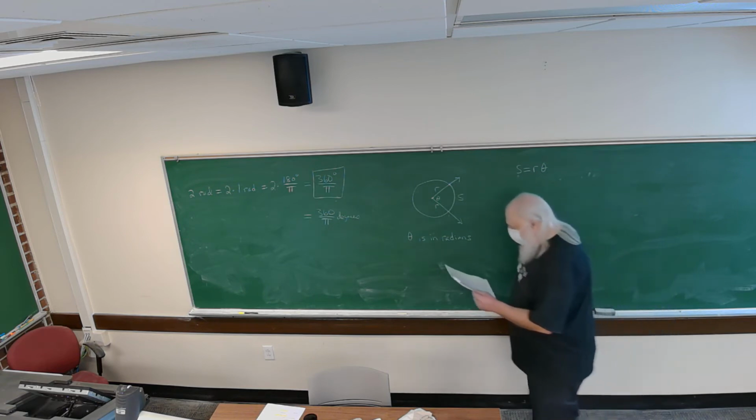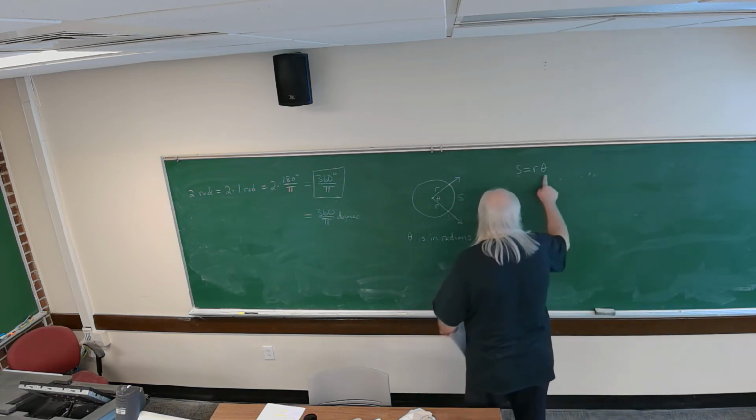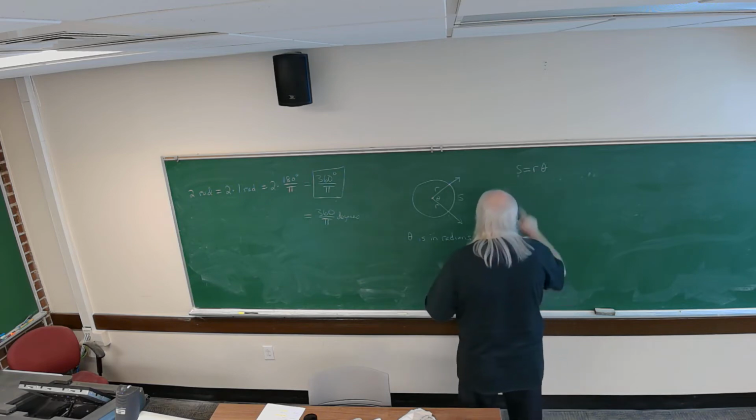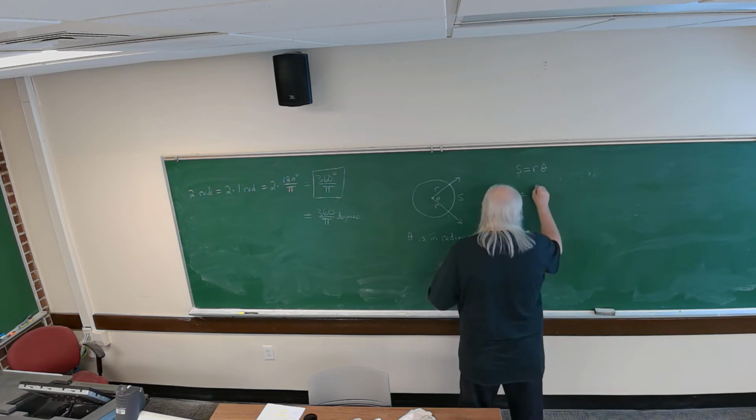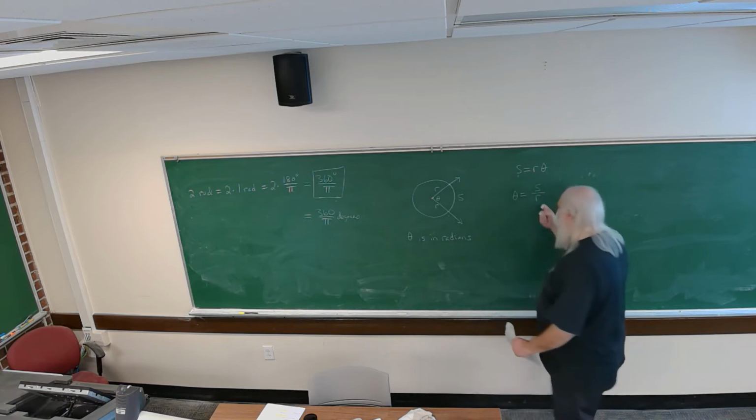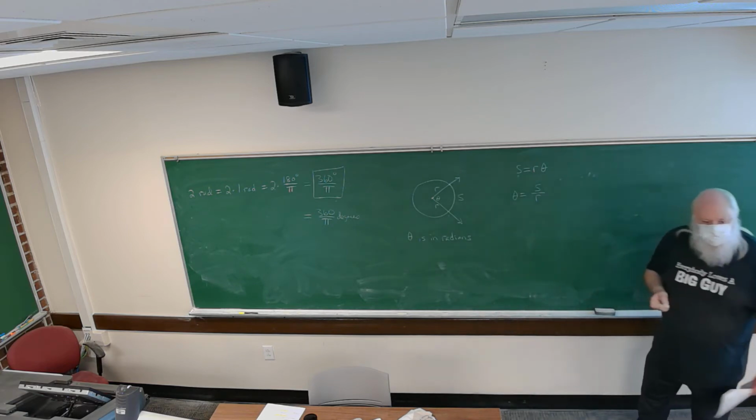Okay. So s is equal to r times theta. So if I divide both sides by r and switch the 2 sides, we get the central angle theta is equal to the length of the arc divided by the radius r.